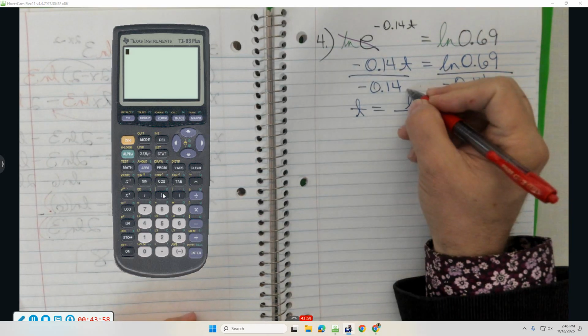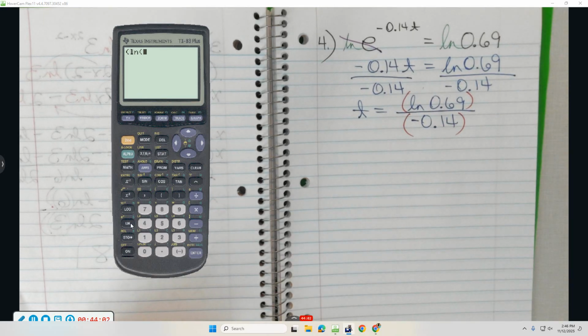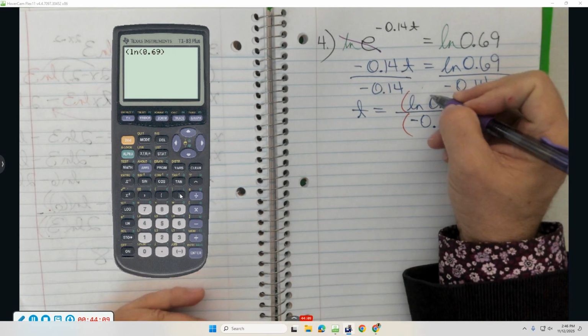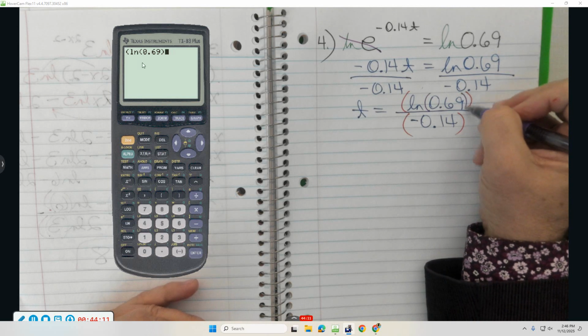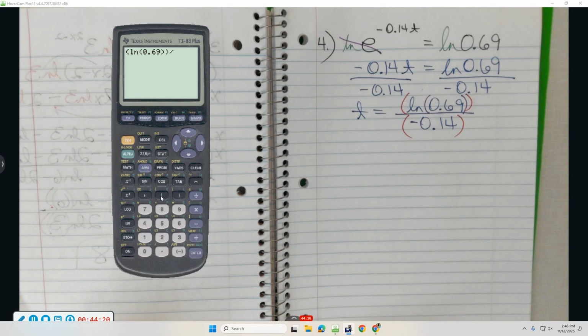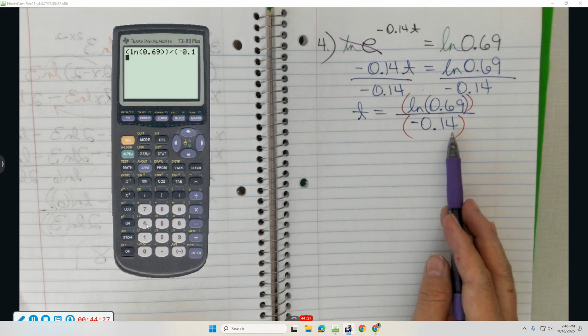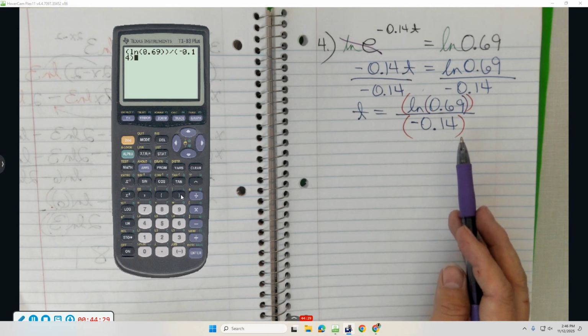Here we go. ln 0.69 close parentheses. It opened a parenthesis, so you've got to close it, and then close again. You've got to have two parentheses there. Divided by a parenthesis, negative 0.14, close parentheses.